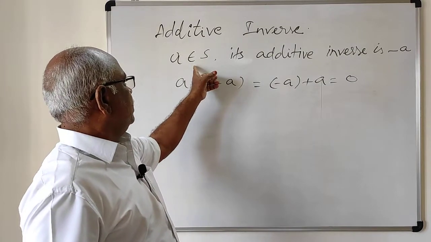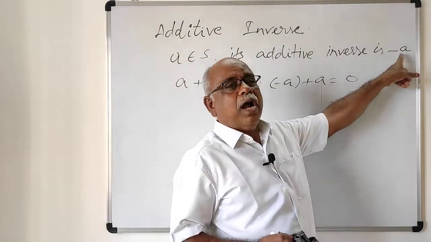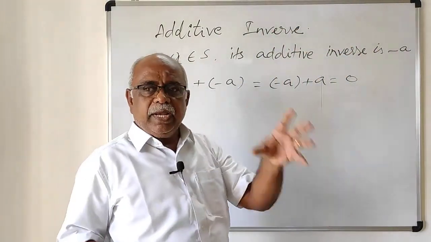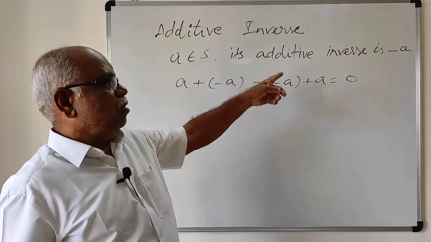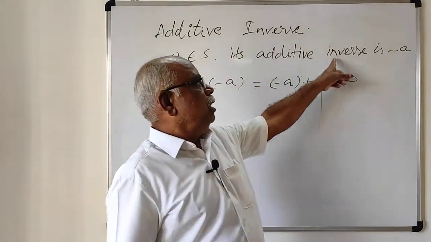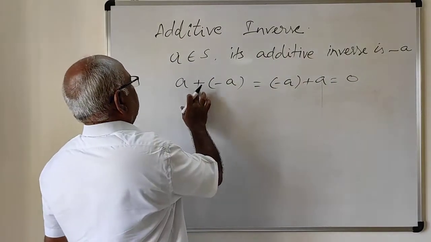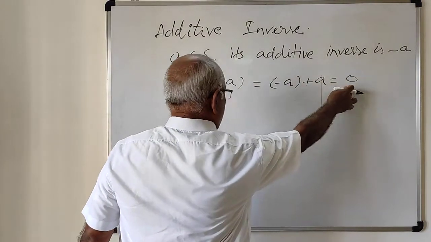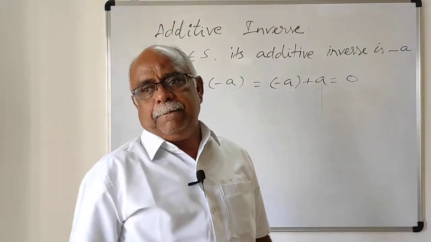If A is an element in the set, then minus A is the corresponding additive inverse of A. For each and every element, there is a corresponding inverse element with respect to the addition operation. So A plus minus A equals minus A plus A equals the additive identity 0. Therefore, minus A is the inverse element of A.